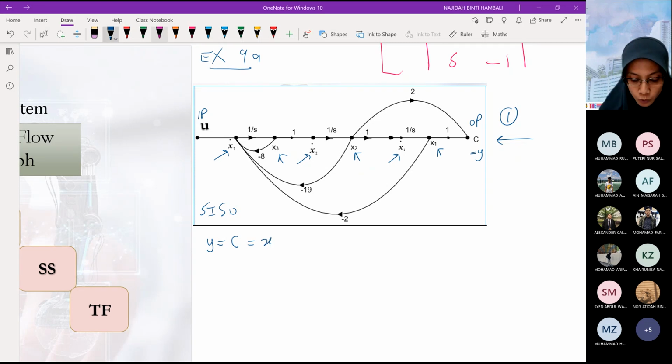Cukup? Dah cukup? Ni, you nampak ni, ada dua yang masuk ke C. Satu daripada X1, satu lagi daripada X2. So kena baca sekali dengan dia punya gate. So C equal to X1 plus 2X2. Okay, this is your first equation.